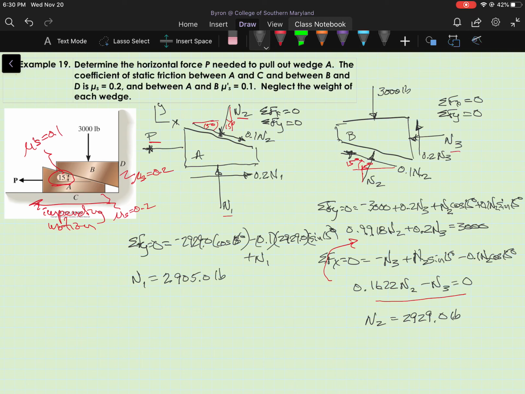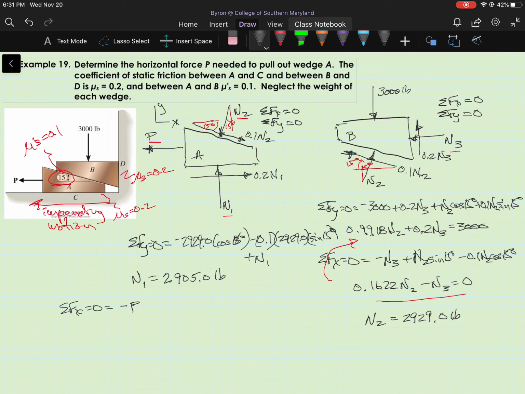Now I can write the equation for, and I'll start it further to the left, sum of the forces in the x direction, where I can finally get the magnitude of P involved here.